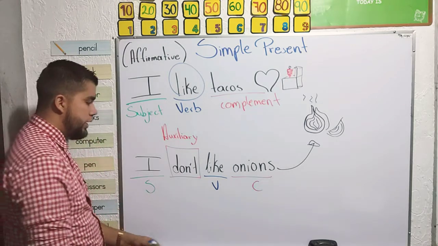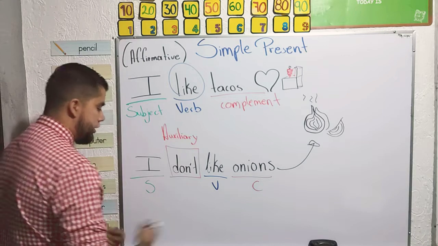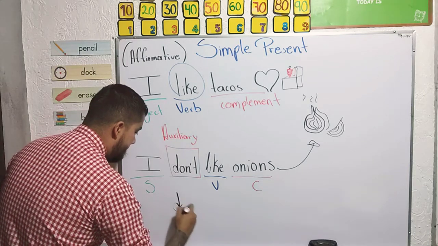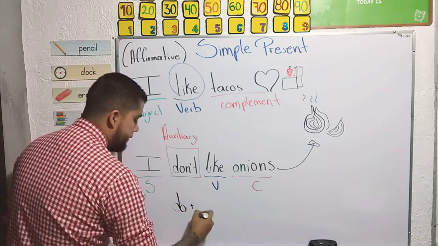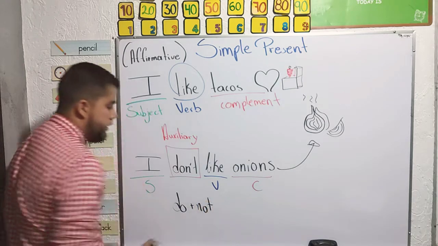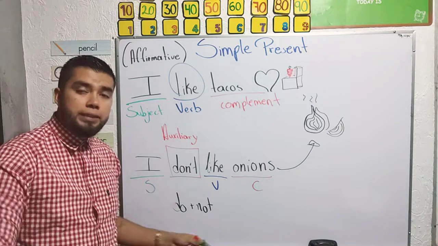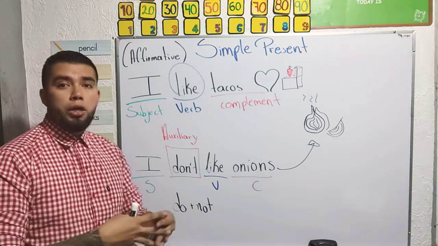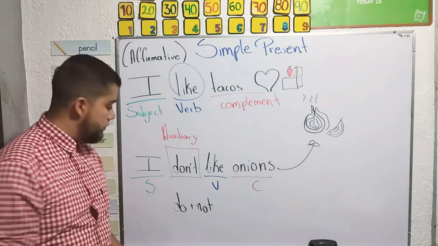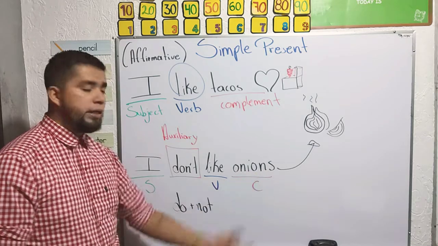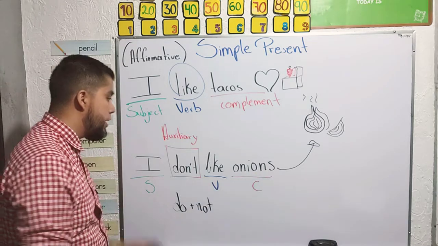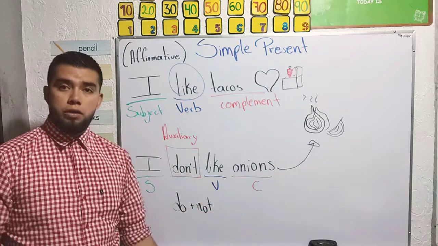Well, very easy. Don't is the combination of do plus not. Remember that in English we have the option to use complete sentences, or we can use contractions. I do not like onions, or I don't like onions.